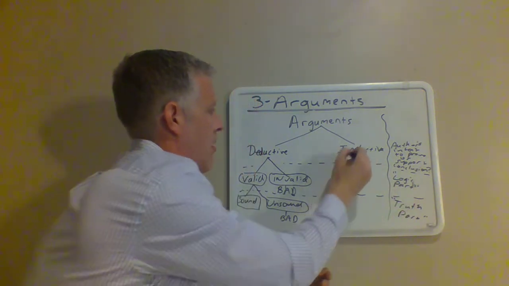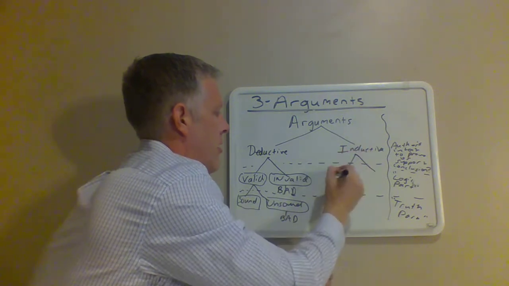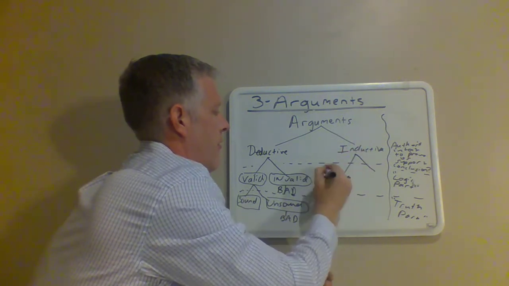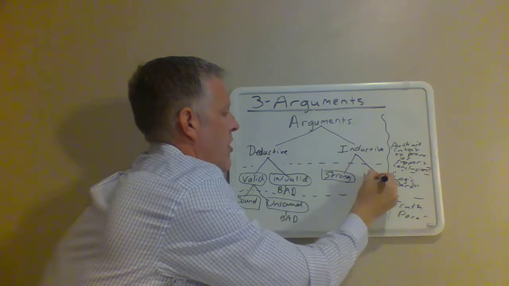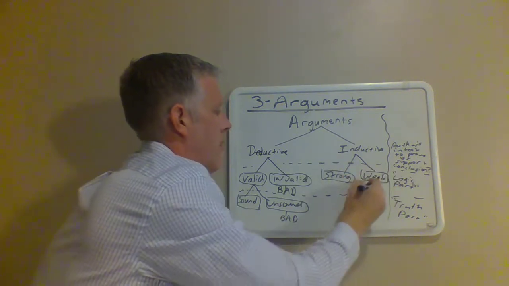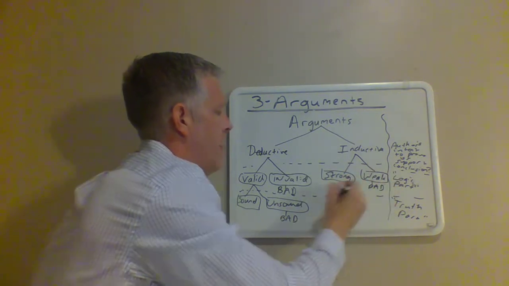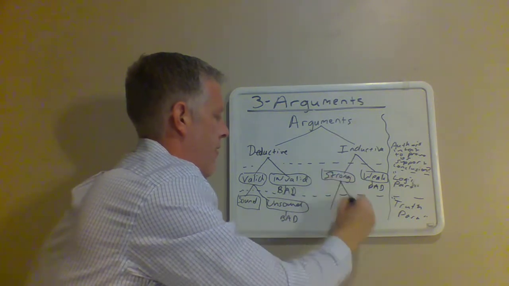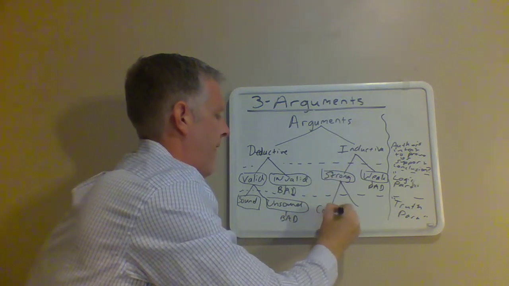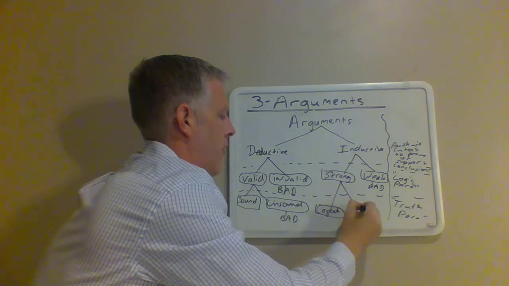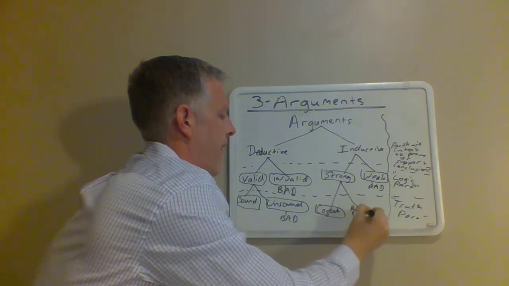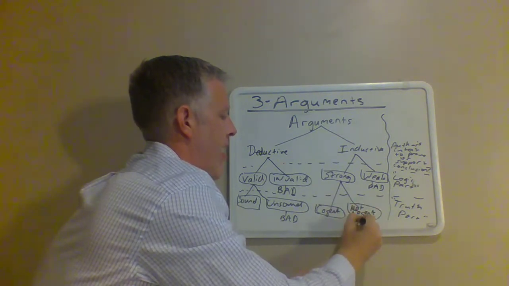So same thing here: strong, weak, bad. Hopefully this makes sense now. Then we have cogent, not cogent, bad.